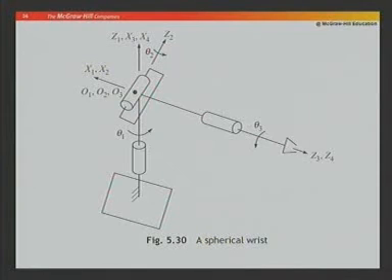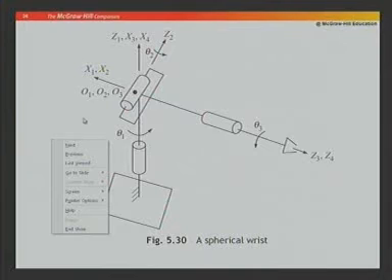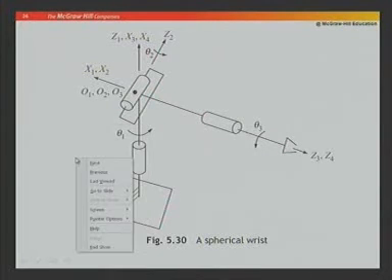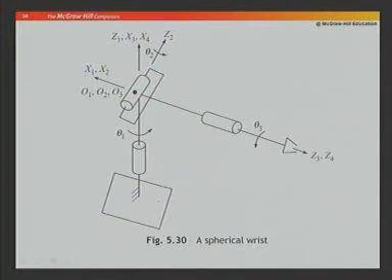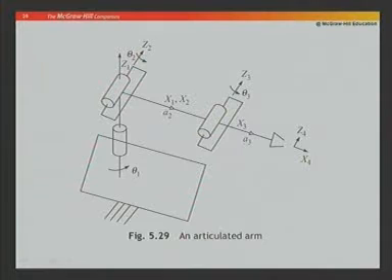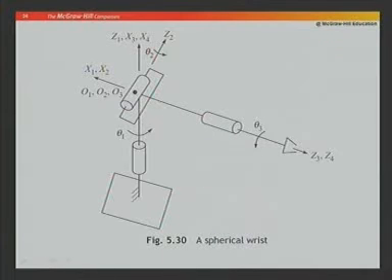So, please do practice. Here I have the first axis, like my previous arm, then this is the second, and this is my third axis.